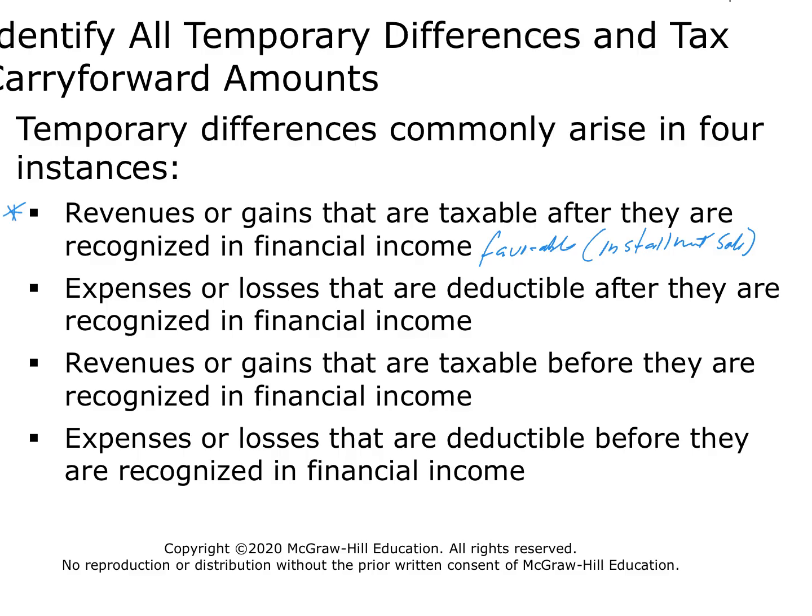What about expenses or losses that are deductible after they're recognized for financial income, okay? Well, if they're deductible for financial but not deductible for tax, they're unfavorable, okay? And what's a great example of these? Well, what about bad debt expense?